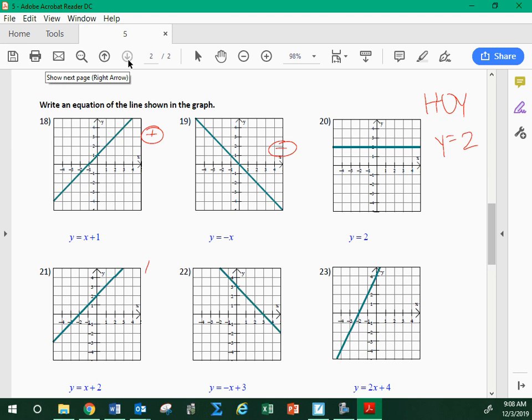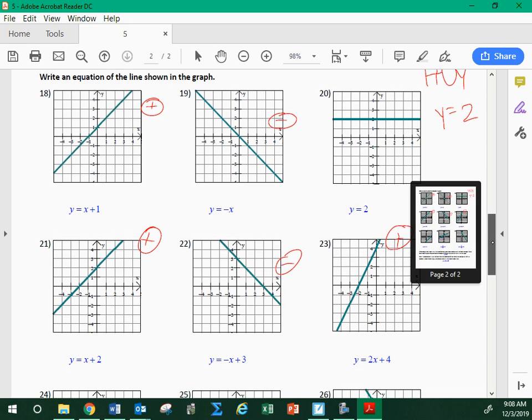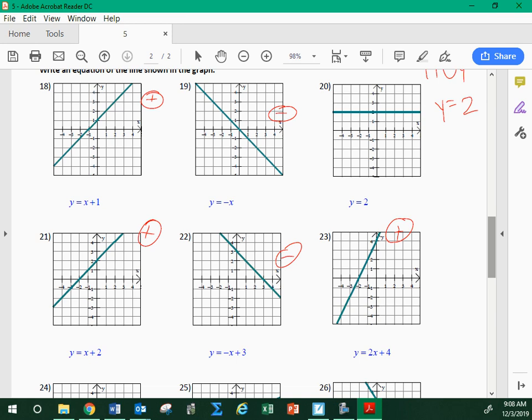Here this one's a positive slope, negative slope, positive slope. Let me scroll it up a little bit for you guys. So just make sure that when your slope is negative, you actually have a negative. But these are the examples where they didn't specifically give you the points to count from. So when you're looking, you want to look for that perfect crisscross.